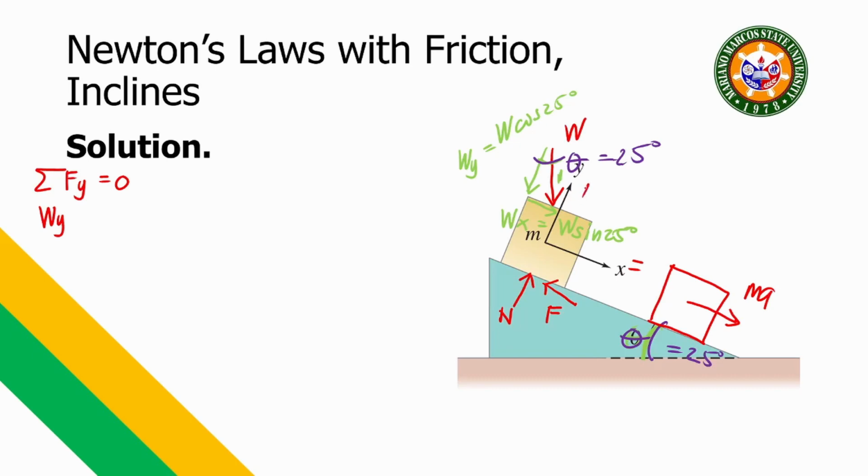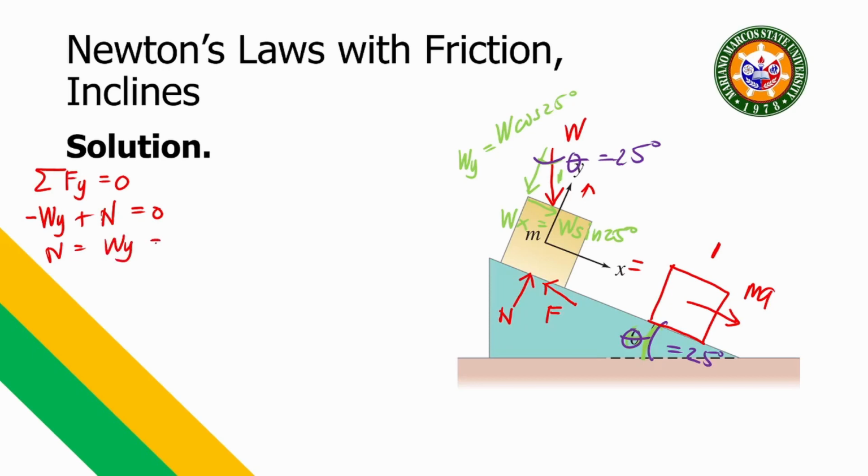Positive y is this direction. So minus W_y, negative W_y, plus the normal force, which is in the positive y direction, plus N. This one is equal to 0. We have no acceleration in the y direction; our acceleration is only in the x direction. So this is equal to 0, and we will know that N is equal to W_y.